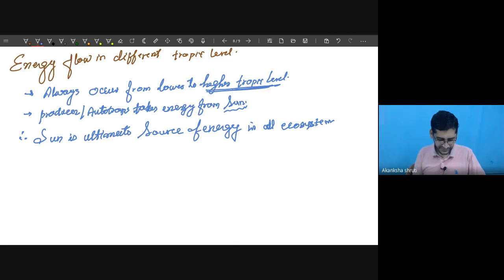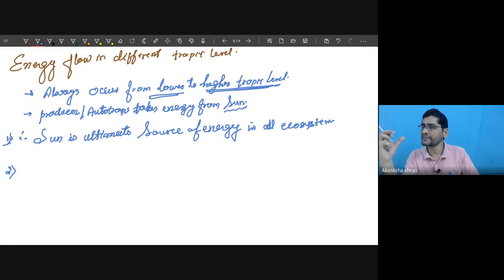Another thing, this is point number one. Another point we have written here: energy always flows from lower to higher. Is it possible for energy to flow from higher to lower? No. Flow of energy from a higher trophic level to a lower trophic level is not possible, and also the flow of energy from the autotroph to the sun is not possible.